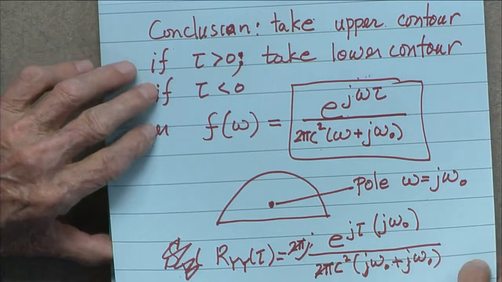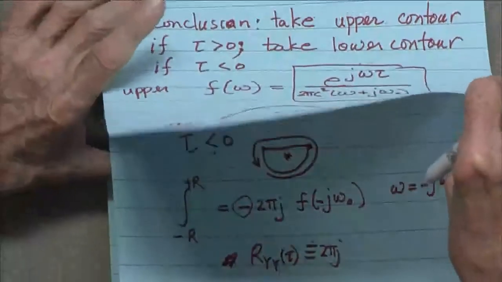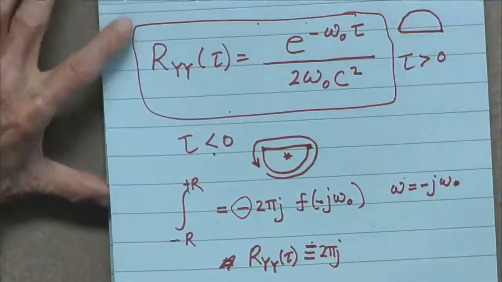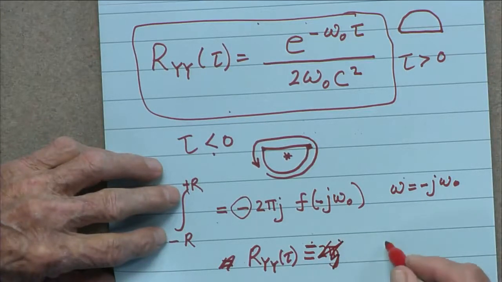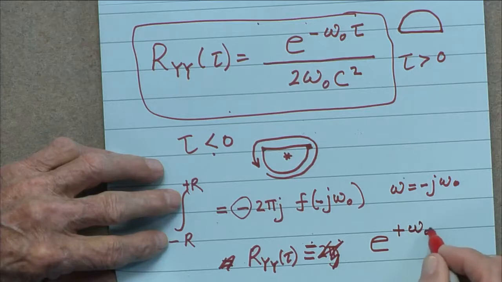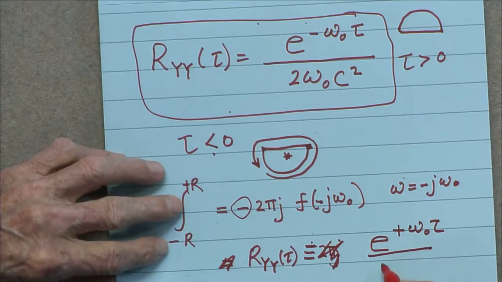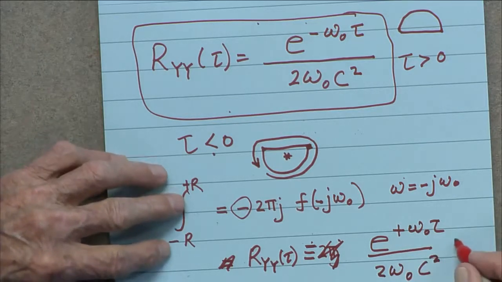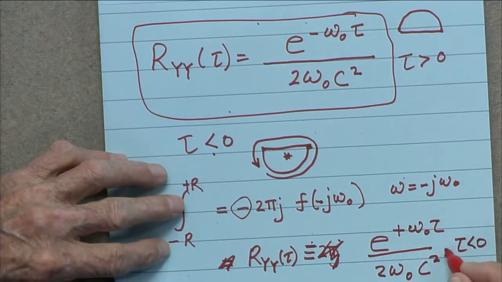Take the lower pole. You would come up with, here's the answer, e to the plus omega 0 tau over 2 omega 0 c squared. And this is for tau less than 0.